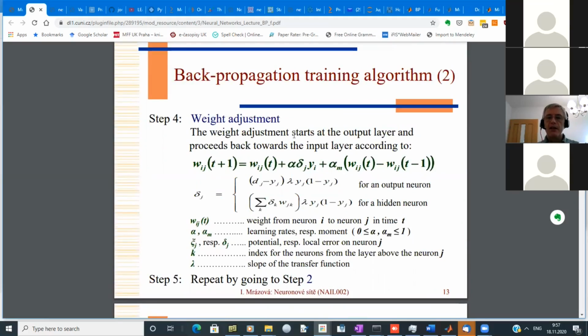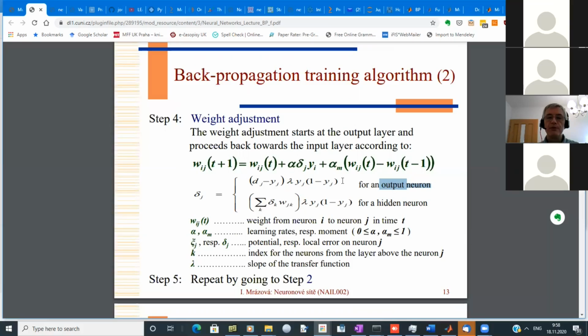For the output neuron, we have just one output neuron in our network. We need to compute the delta term. Because the neuron is in the output layer, we should use this first formula.